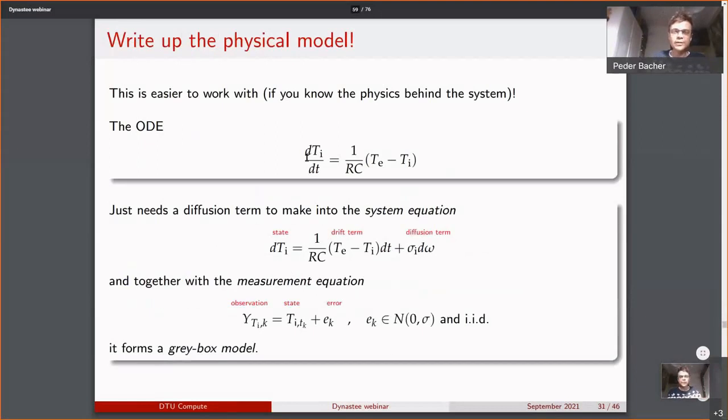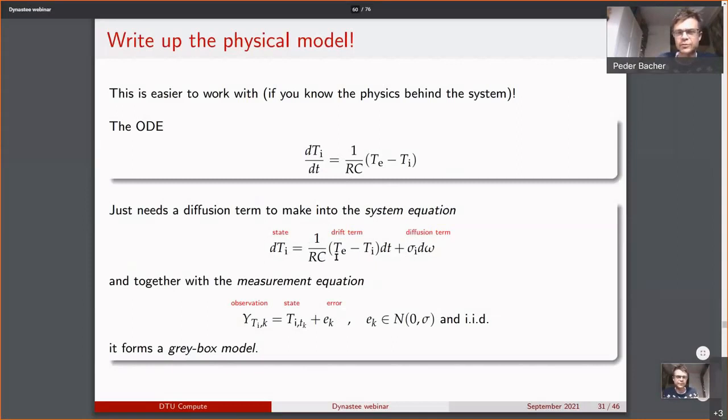If we do that with the simplest model we're working with, the RC model, then it looks like this, and we will just write that directly into the model here. In the system equation, we say it has one state, the internal temperature, and it has the drift term here, which is directly this model we know from physics: 1 over RC times the input minus the current state.